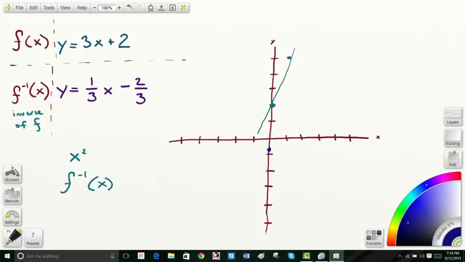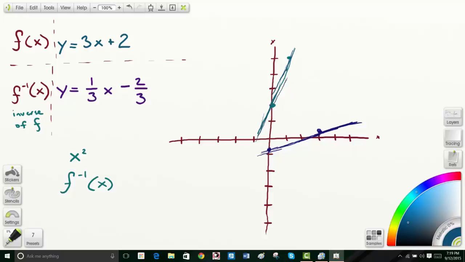From 2/3, up 1 would be about here, and then over 1, 2, 3. And that would be right there. And then I take these points and I connect them. Now, I'm going to go back to this and try to make it a little bit clearer.